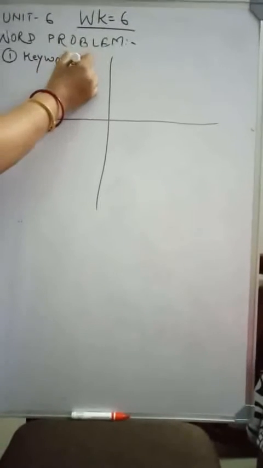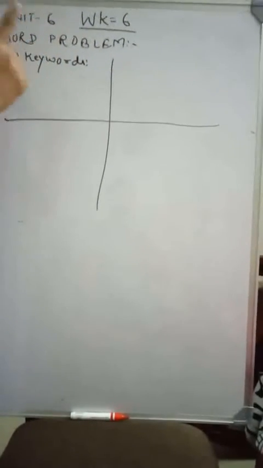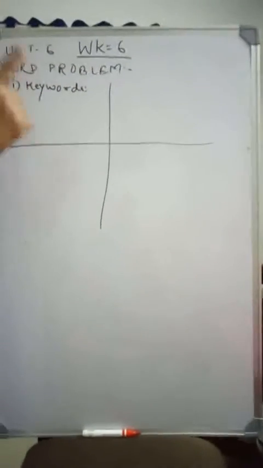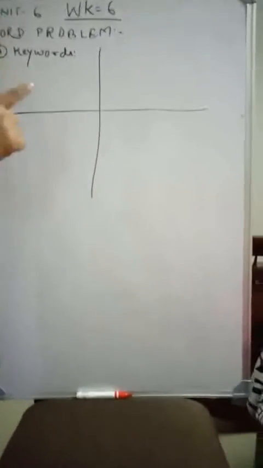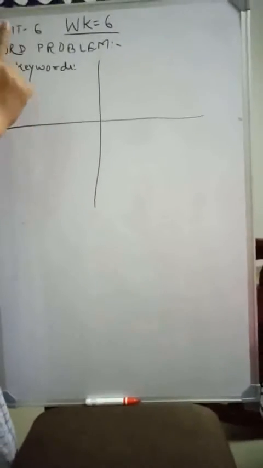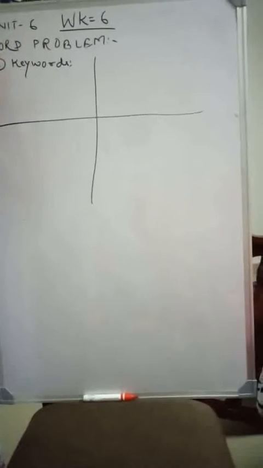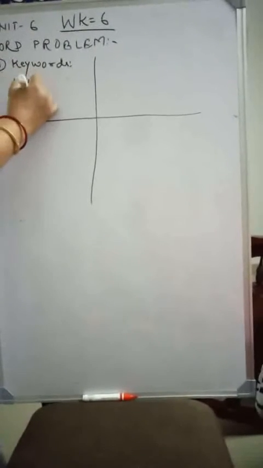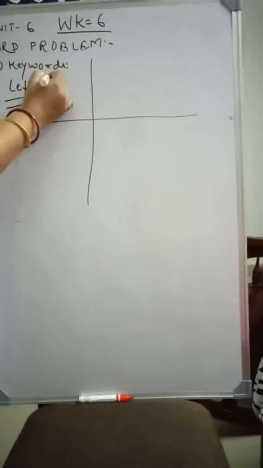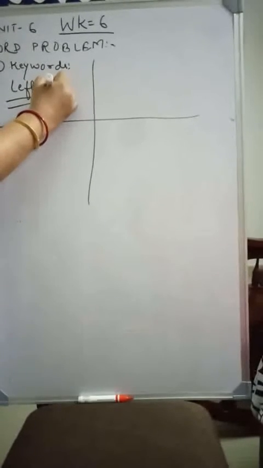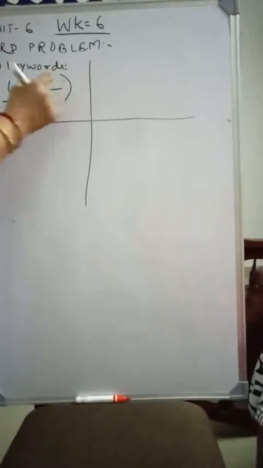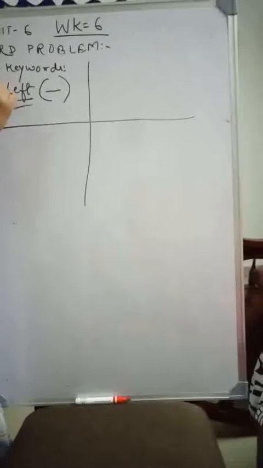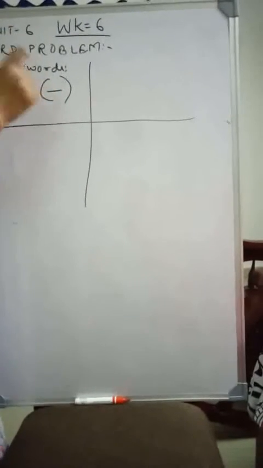Here the story is Mrs. Renu bought 2.750 liters of milk. She used 1.5 liters of milk for making curd. Find the quantity of milk left. So this left is the punchline. Whenever it is left, remaining, or the difference, we use the minus sign. This is called the subtraction sign.